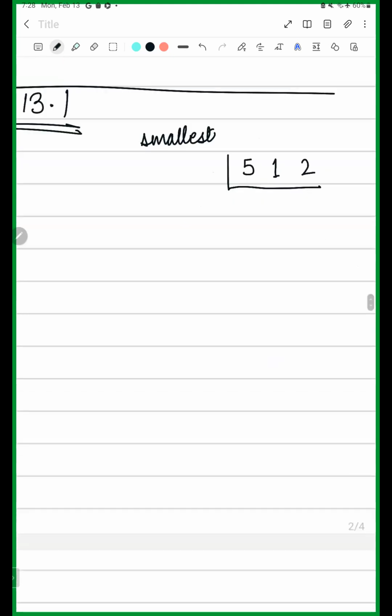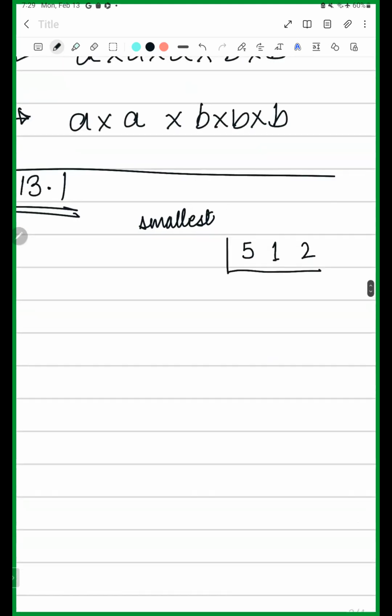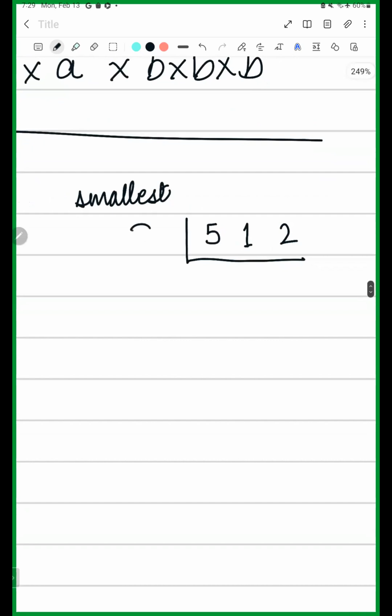Okay. So over here, you're supposed to start with the smallest prime factor. Why do we only have to prime factorize this?